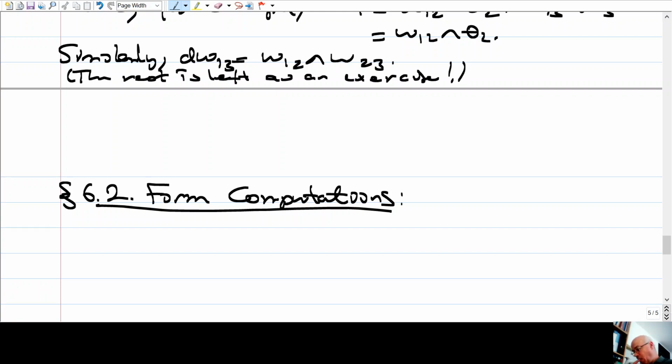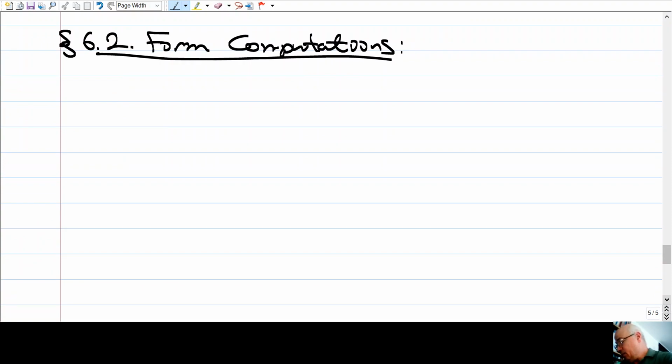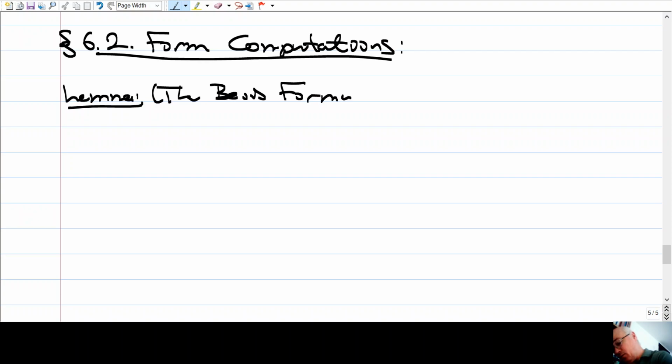We assume the above setup again. We start with the lemma. This is called the basis formulas.